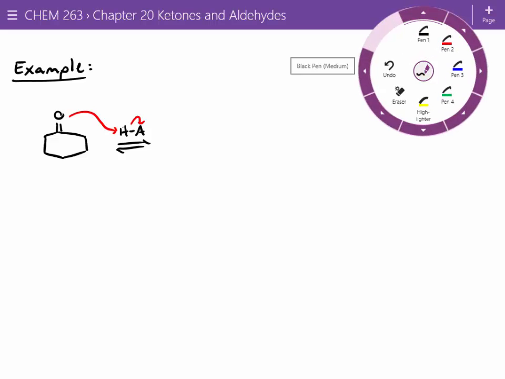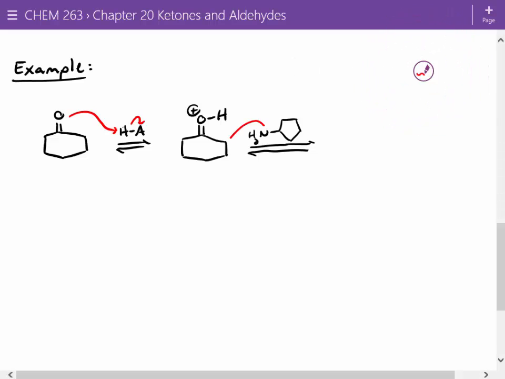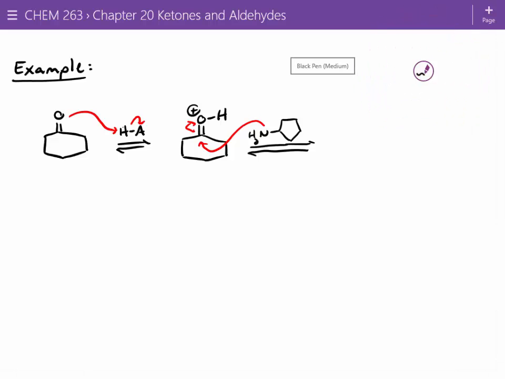Kick off our conjugate base. Get a positive charge on there. You can have your primary amine attack in, kick up our lone pair onto our oxygen.